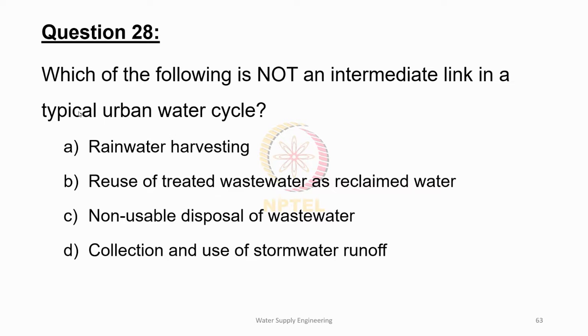Option C, non usable disposal of wastewater. Option D, collection and use of stormwater runoff. So, which is not a link in the urban water cycle?